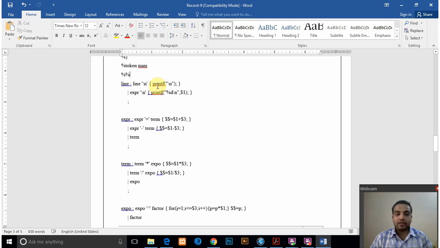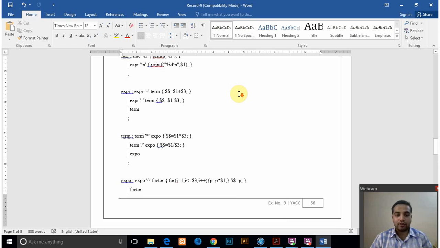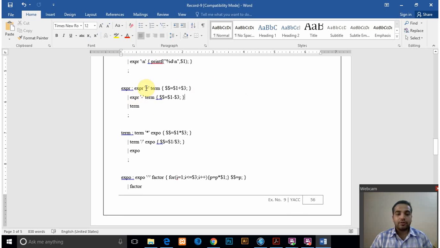For line, if we get a next line character \n, we go to the next line. Otherwise, after expression, if we get a next line character, we print the expression and go to the next line. This expression will be our answer, whatever we get after the calculation. Next, for expression, if we get a plus symbol, we add the first and the third value.